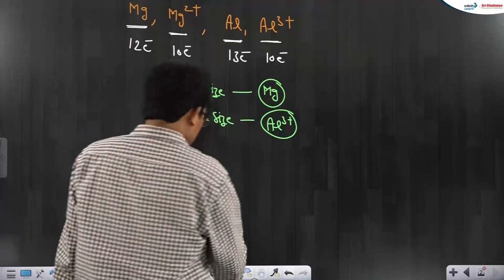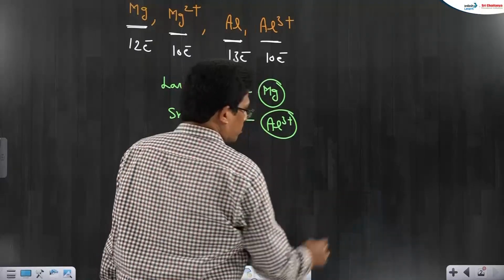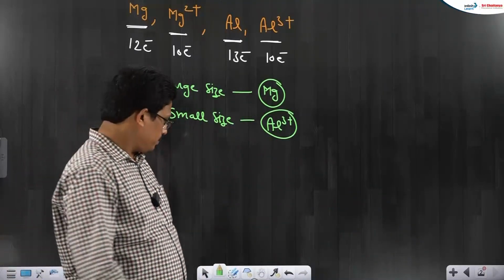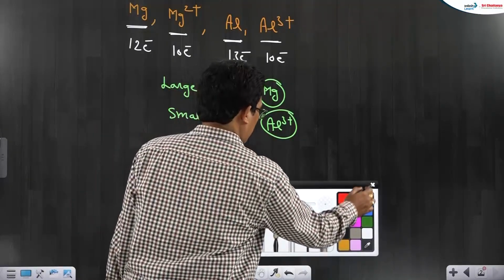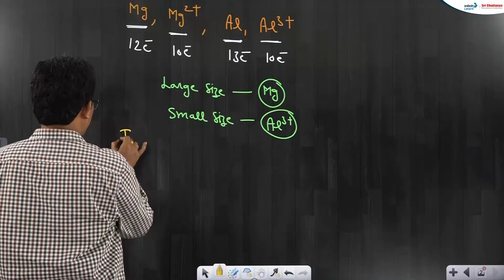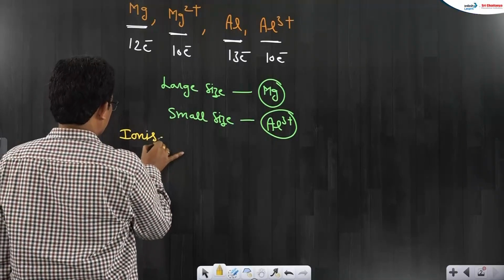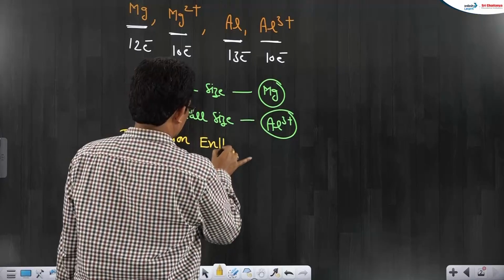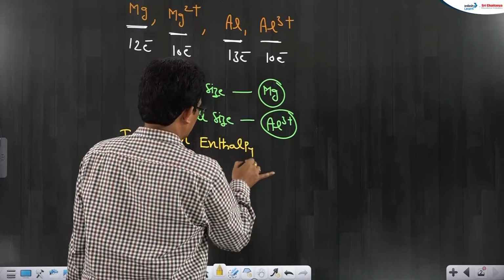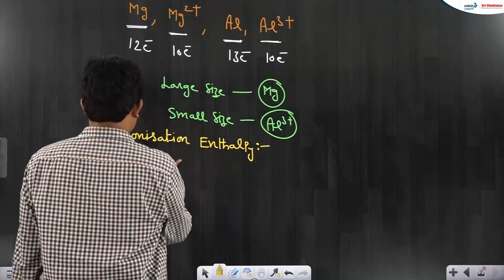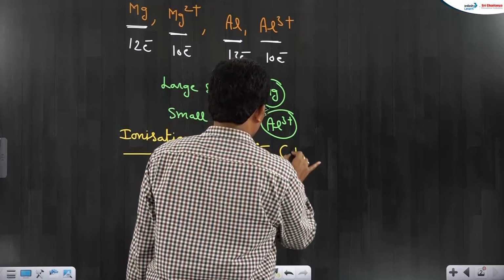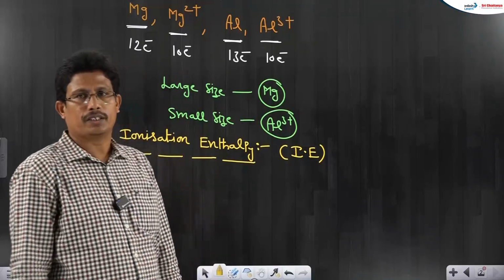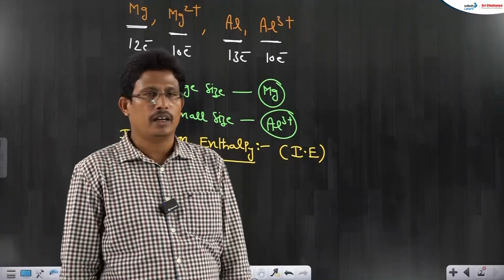Now we are going to discuss one of the most important periodic properties, that is ionization enthalpy or ionization energy. Ionization enthalpy is also known as ionization potential or ionization energy.